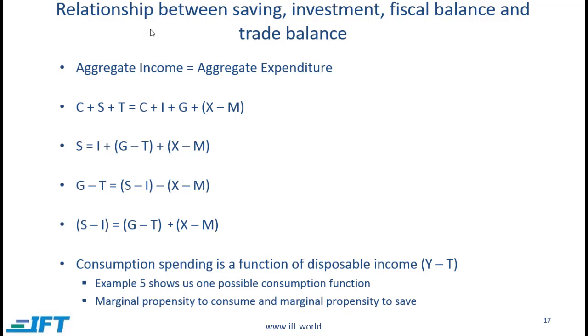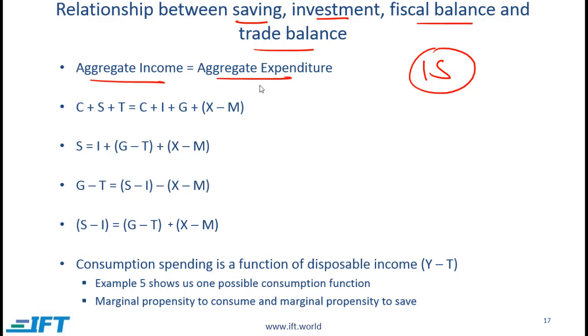On this slide, we will talk about the relationship between saving, investment, fiscal balance, and trade balance. In the curriculum, this material comes under the discussion related to the IS curve, and the reason is that we have this condition which must hold.